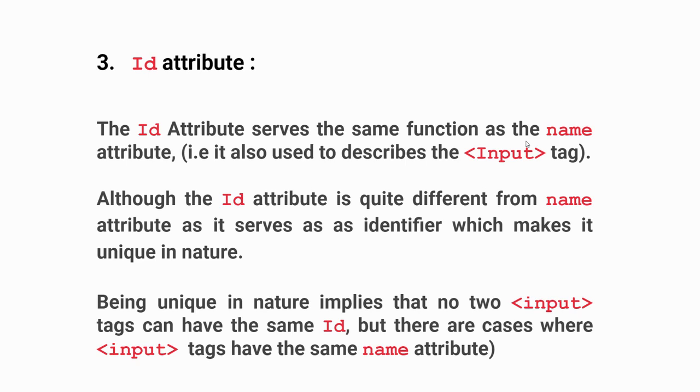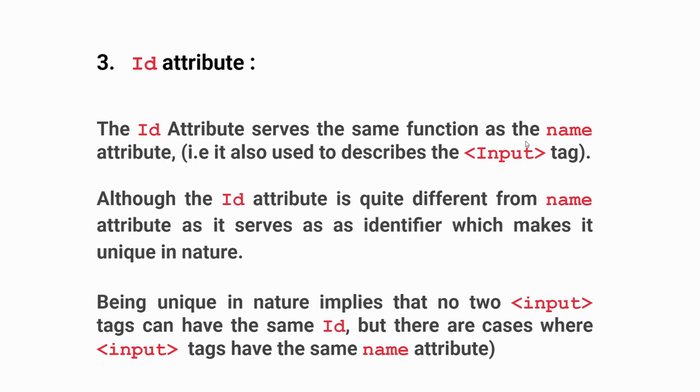Like in our last example, if an input tag is used to describe the first name of a person, then the name attribute is meant to have first name assigned to it. So that means if that same input tag has an ID attribute, the ID attribute is also meant to take the first name too. That's why I said it serves the same function as the name attribute.